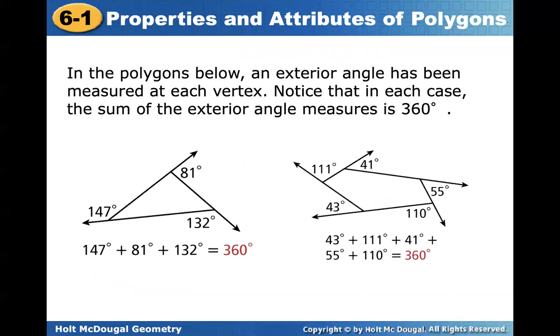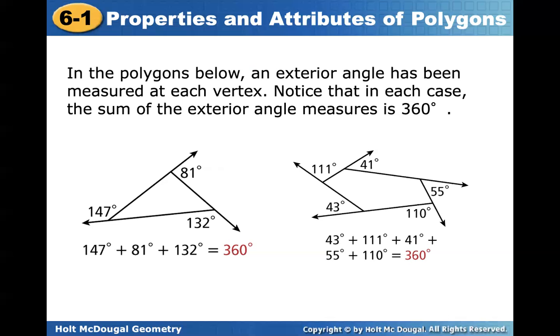In the polygons below, an exterior angle has been measured at each vertex. Notice that in each case, the sum of the exterior measures is 360 degrees. So every time you have exterior angles, all of the exterior angles will add up to 360 degrees. Every single time, no matter how big your figure is.